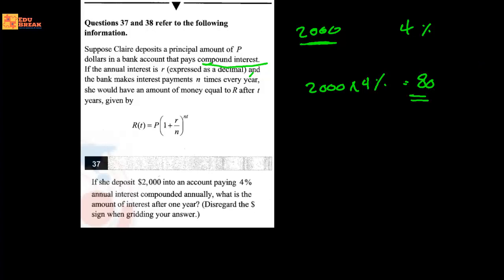So question 38. If she deposits $2,000 into an account paying 4%, and we have annual interest which is 4%, compounded quarterly, what is her account balance after 1 year? It means that n equals 4 in the equation.